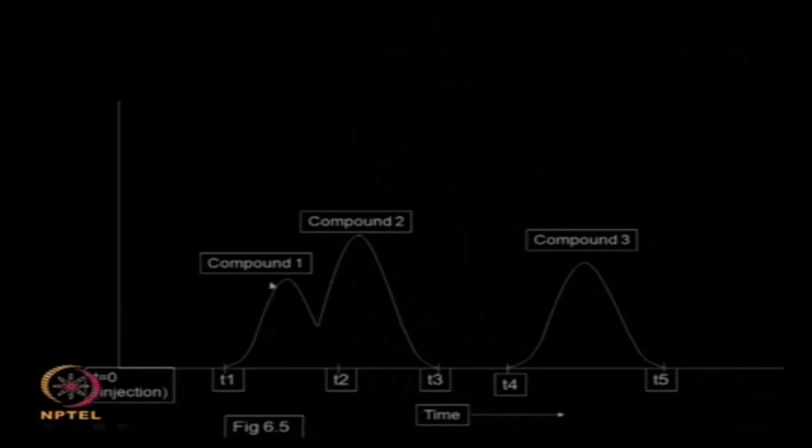If I start collecting compound 1, I may be collecting compound 2 as impurity. If I am collecting compound 2, I may be collecting compound 1 also as an impurity, whereas if I am collecting compound 3, it is going to be very pure, there is no other impurity. So ideally I would like to separate these two in a similar fashion as I had separated compound 3.